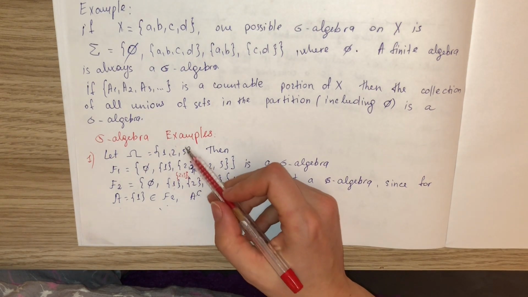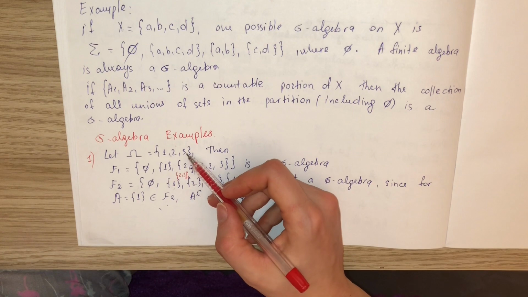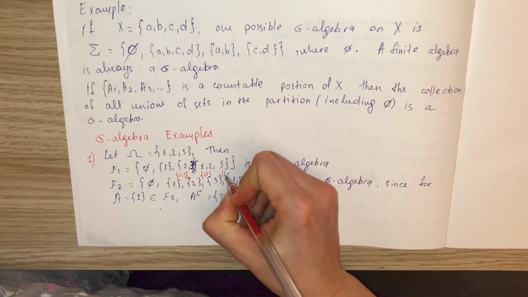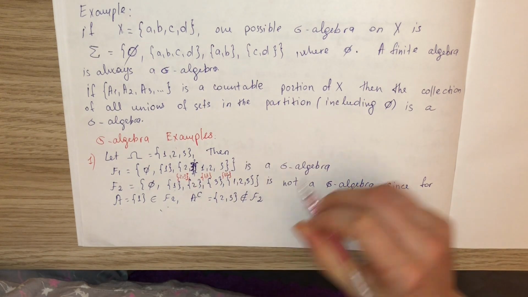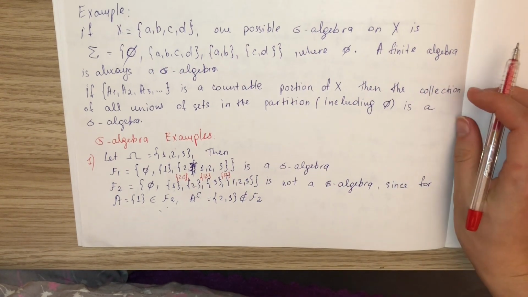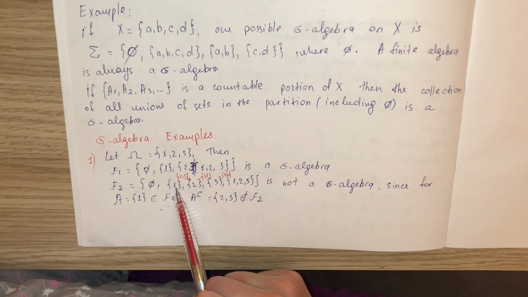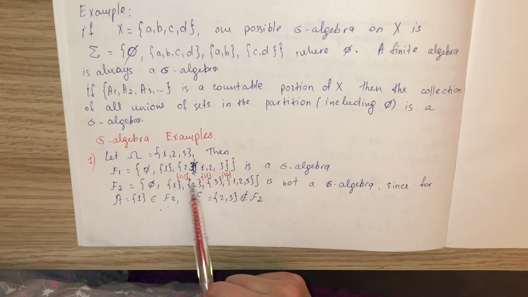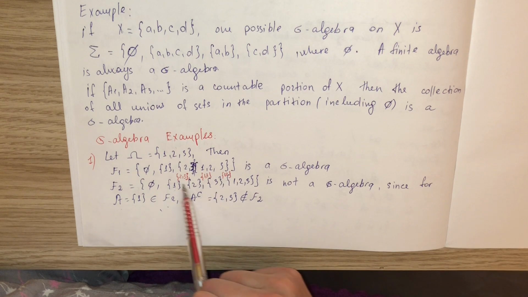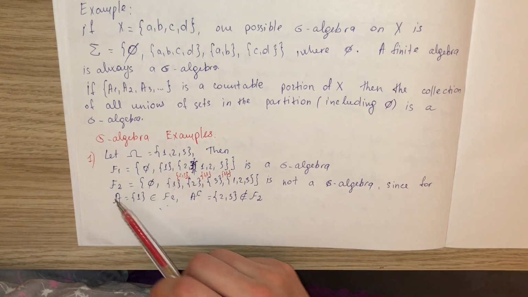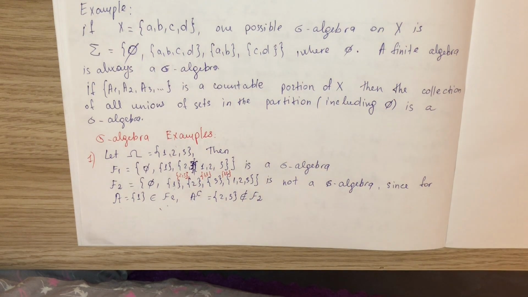If we cancel out 3, we will get {1, 2}, so here also should be {1, 2}. Then we will get a sigma algebra. But as is clearly seen, the complements of these sets are not included here. So F2 is not a sigma algebra.